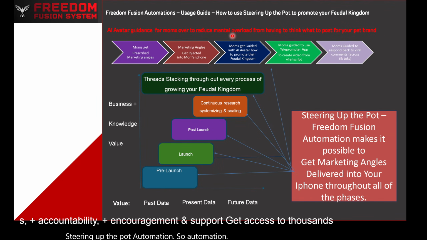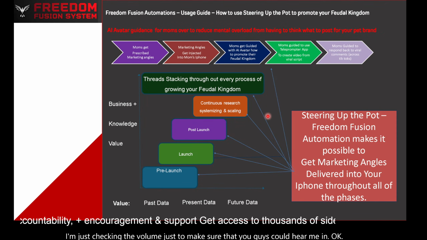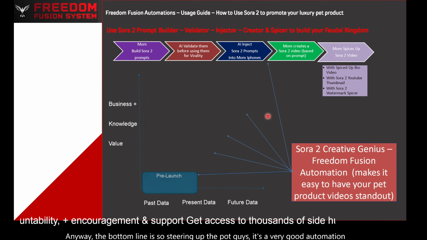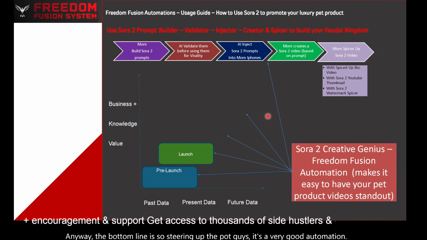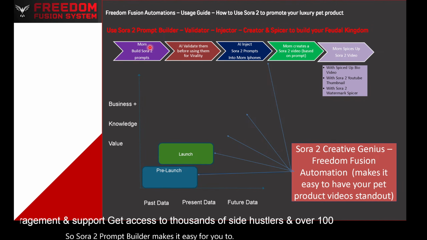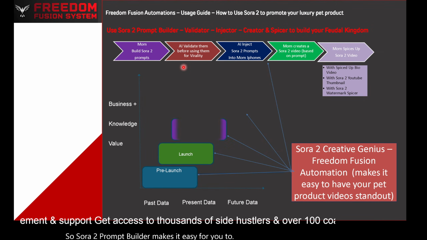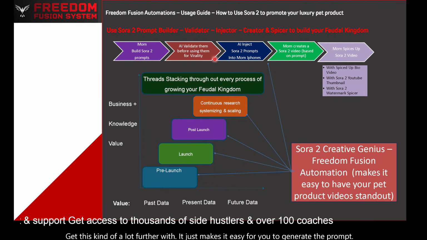The bottom line is, Steering Up the Pod, guys, is a very good automation. You already know more about it, but we also finished building the Sora 2 Prompt Builder. It makes it easy for you to generate Sora 2 prompts, then validate them based on virality and give you the virality score.